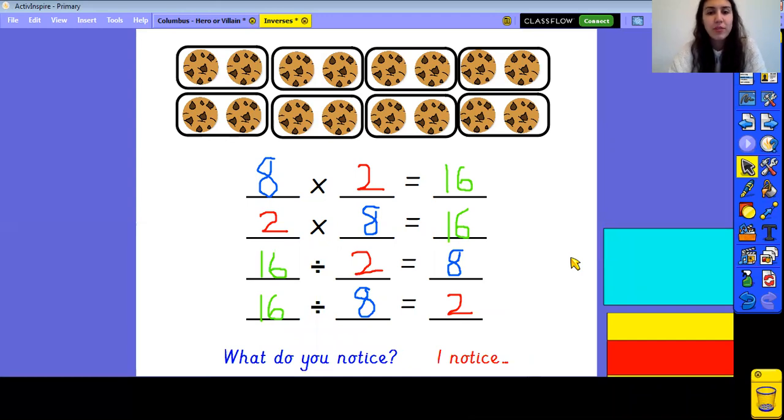Super, so you might have noticed, for example, that in all of those equations, the digits, the 8 and the 2 and the number 16, they're all there, just in different orders. So they all use 8, 2 and 16 in different orders. You might have noticed that with multiplication, the biggest number, our whole amount, always comes at the end.